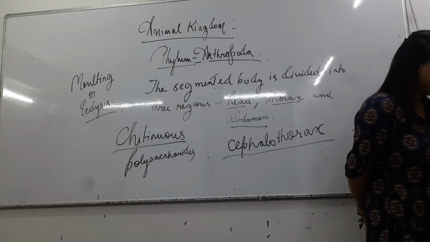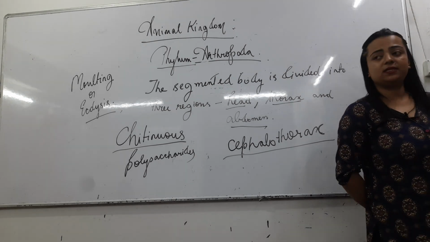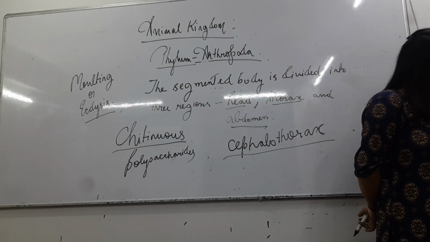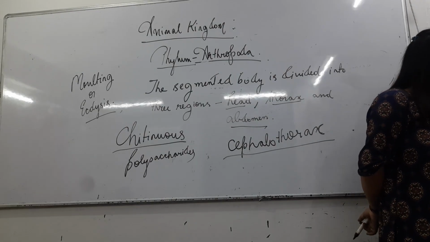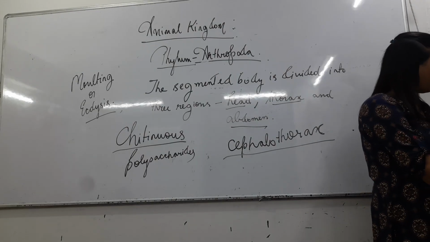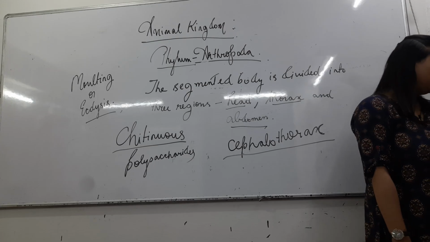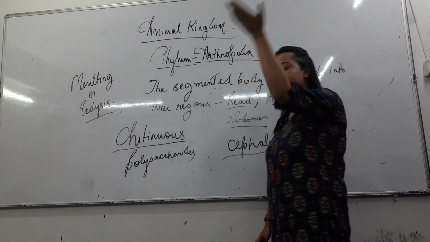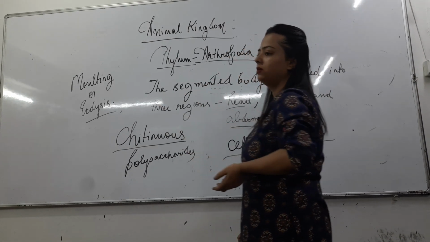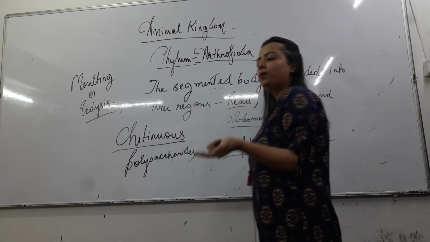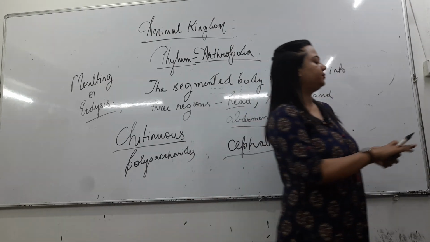Okay. Then you write: circulatory system is open type with a dorsal heart. Their heart is present in the back side of the body.